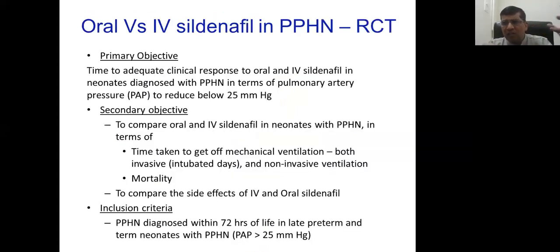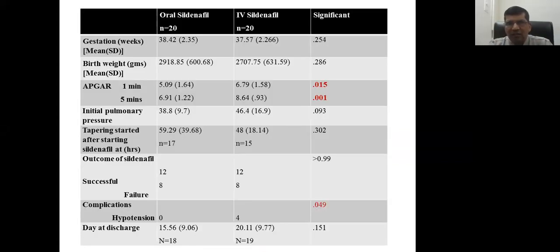We know that there is oral sildenafil and IV sildenafil, but there is no trial about oral versus IV. So one of our DM candidates, Dr. Chinmay, has done this comparison of oral versus IV. He has compared the mortality and the complications. Naturally, most of the parameters were comparable, but the babies with the oral sildenafil were more sick babies, and the babies with the oral sildenafil had fewer complications.